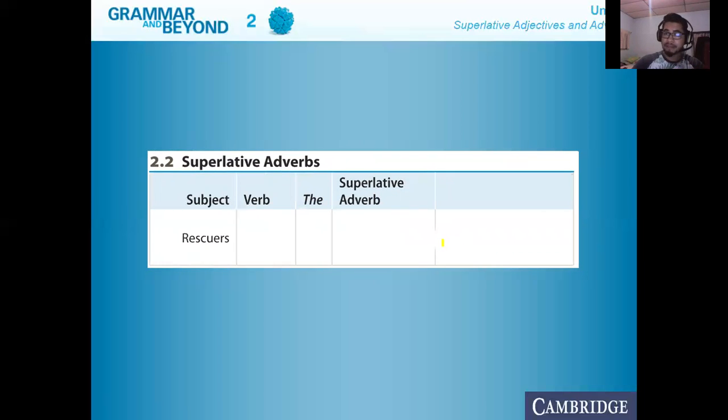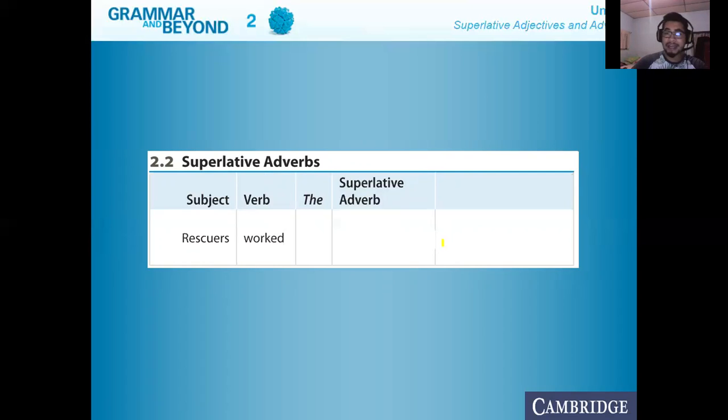When we have superlative adverbs, remember that we are describing the action. We have the next one, rescuers, the people who are in charge of rescuing other people when a natural disaster has happened and they are looking for survivors and people who need medical treatment. Then we have the verb, they worked. Rescuers worked.